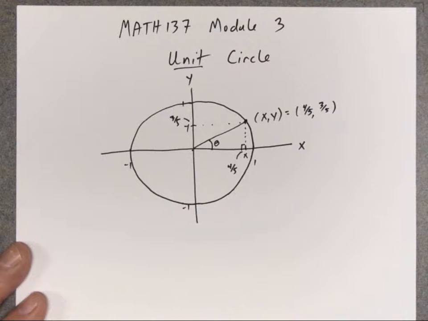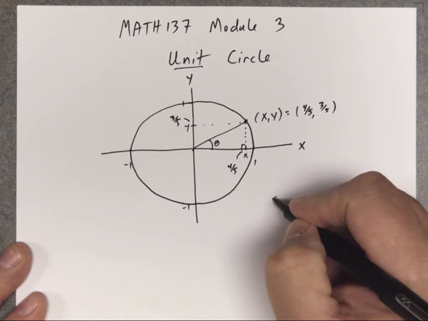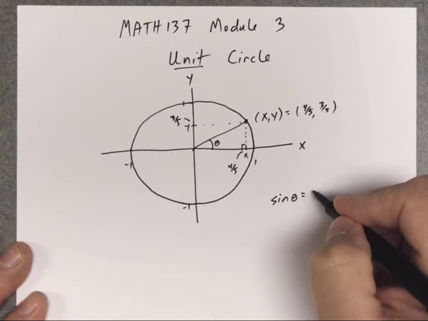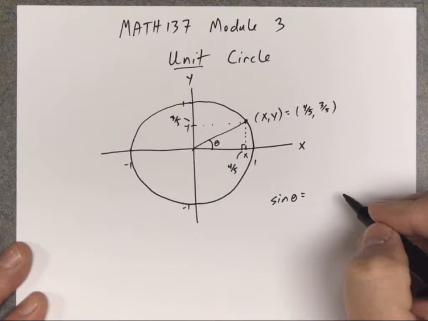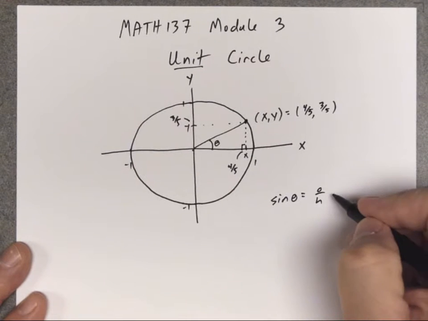We can do them all, but of course, the main ones are sine and cosine. So we learned when you have a right triangle, we can figure out the trig function. Sine is SOH, opposite over hypotenuse.